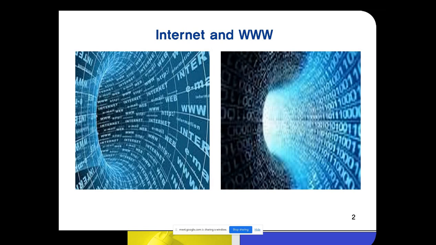This WWW is a part of the internet, so when we want to work with WWW, our system must be connected to the internet. When you are connected with the internet as well as WWW, we can get all sorts of websites and all kinds of web pages that we want to see.